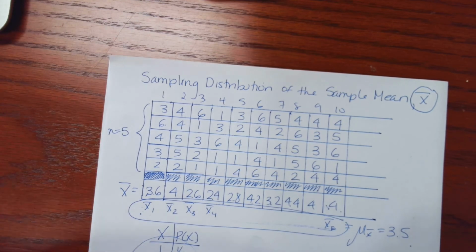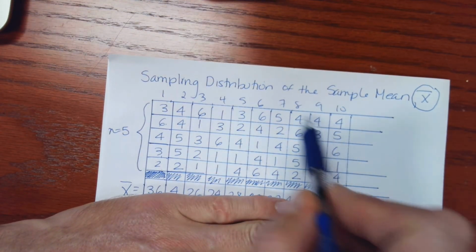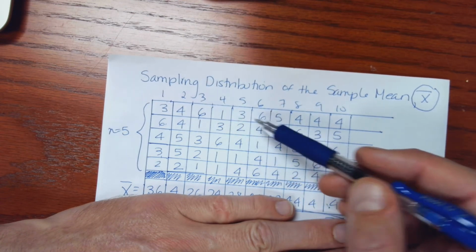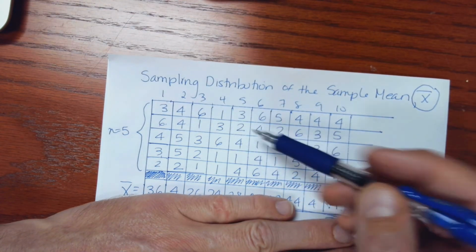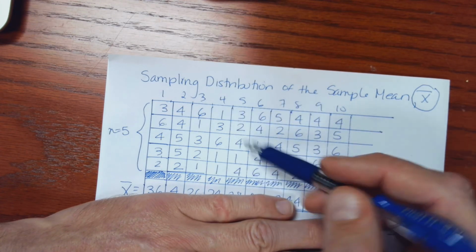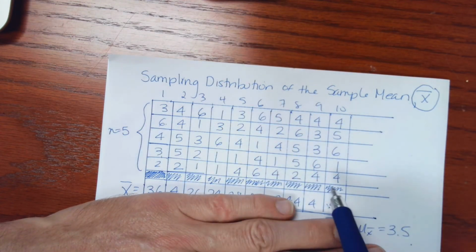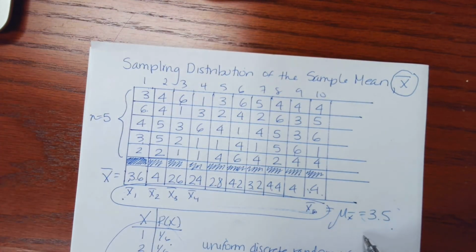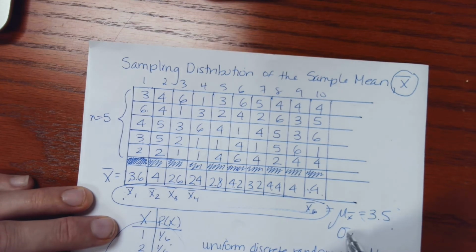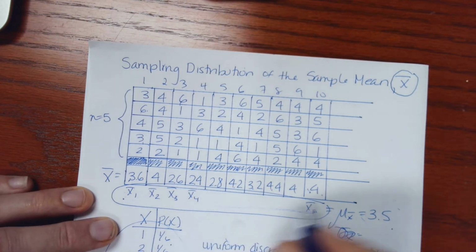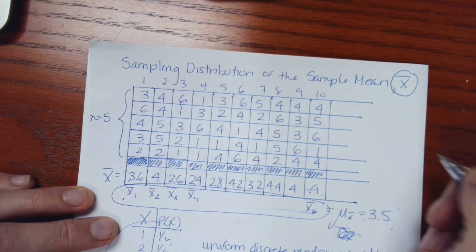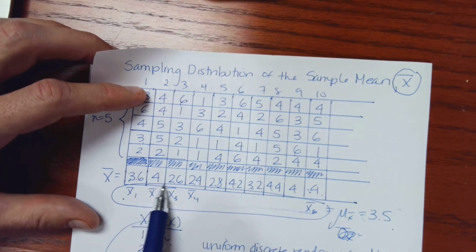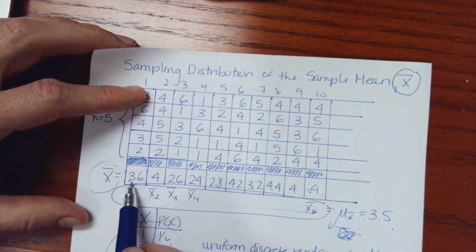When we look at the spread in the population here, we see values of 1, 6, 4. They range in values, and they differ from the mean by, I think, about 1.7. I'm sorry, that's the population standard deviation. But if we look at the variety that we're seeing just among the sample means, there's a lot less variety.